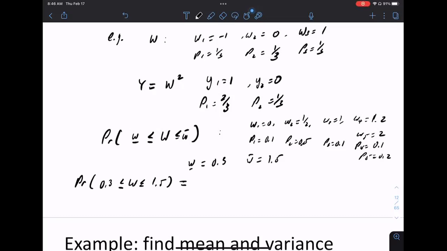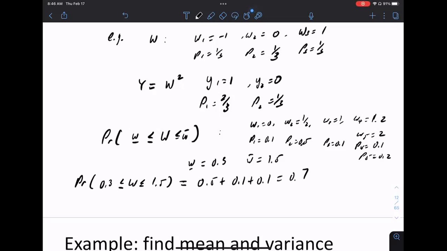Okay, so to compute this is pretty simple. You look at, does each value satisfy the inequality? You sum up all the probabilities for the values that satisfy this inequality. So here you sum up 0.5 plus 0.1 plus 0.1, this is 0.7.